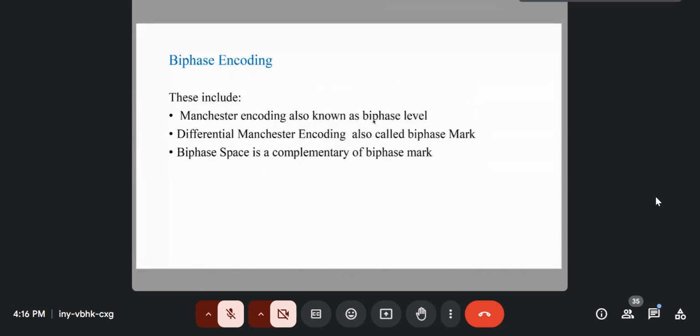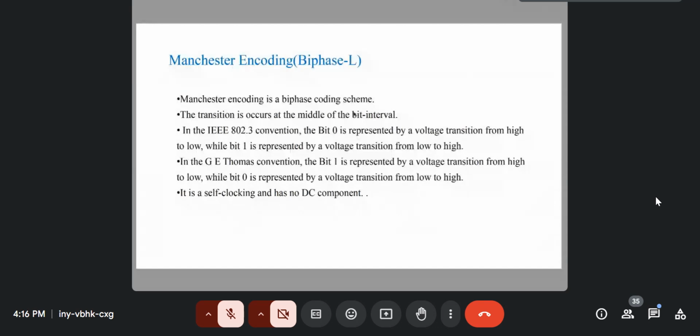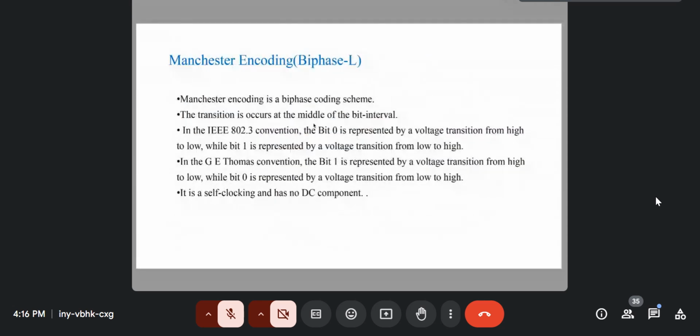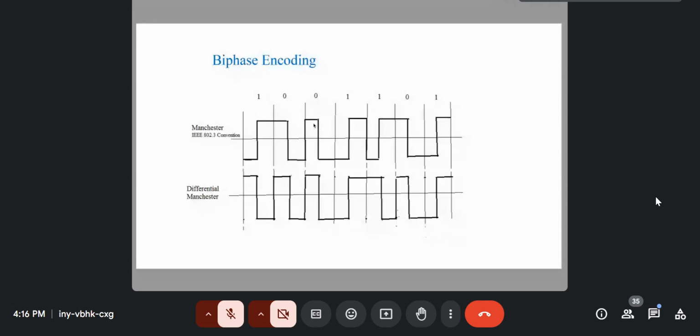So we either have biphase level, biphase mark or biphase space. Biphase encoding, known as biphase level, is this one here. I can just show how it works. Here it is.